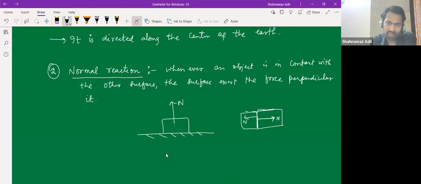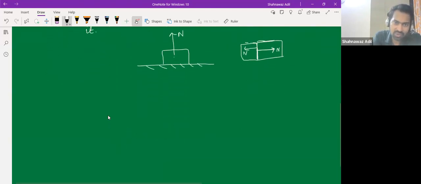Yes, sir. And let's say that we have these two surfaces. Let's say this is some wall and this is the ground, and some stair is put like this, right?